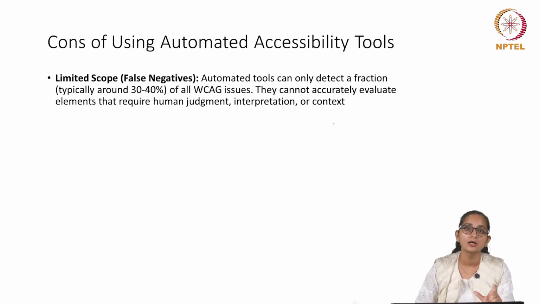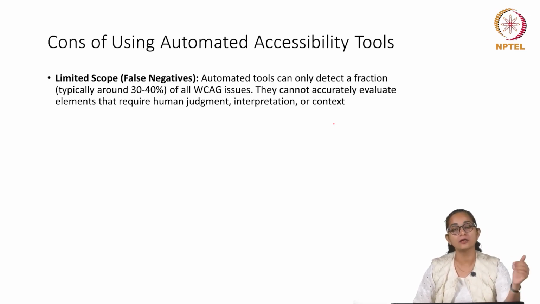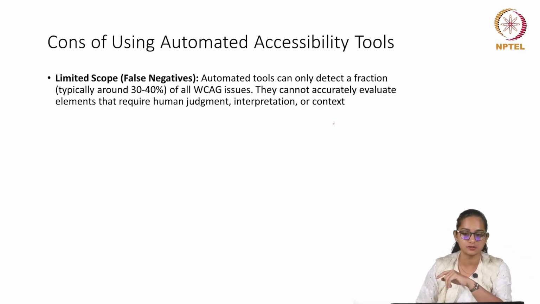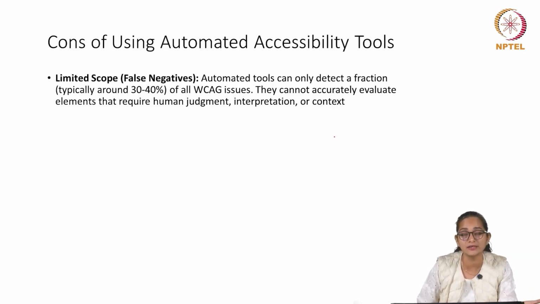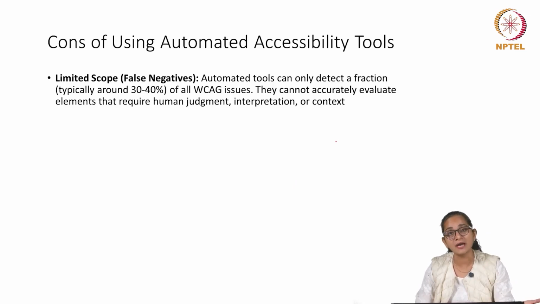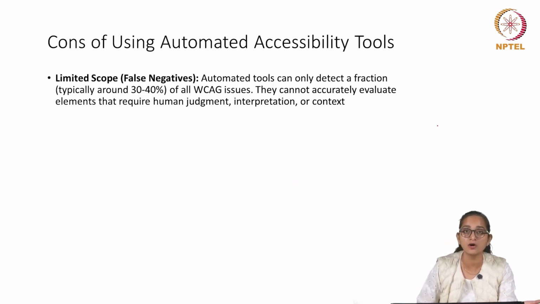They are not able to catch very complex or AAA level complexity issues, and they cannot accurately evaluate elements that require human judgment, particularly around the understandability part of it, where cognitive or semantic understanding is needed, and semanticism is very much a human or psychology concept.